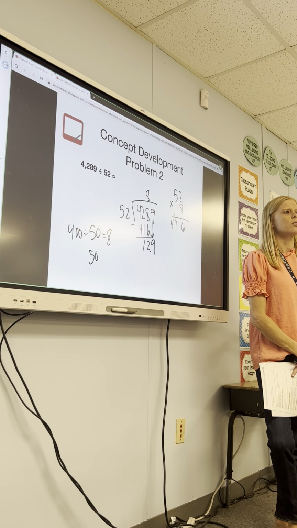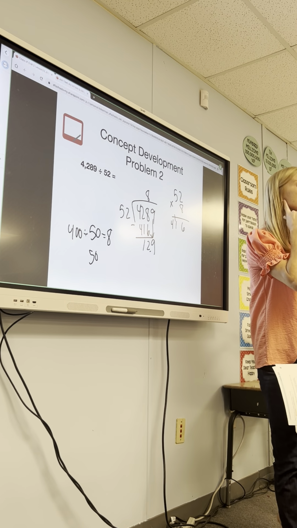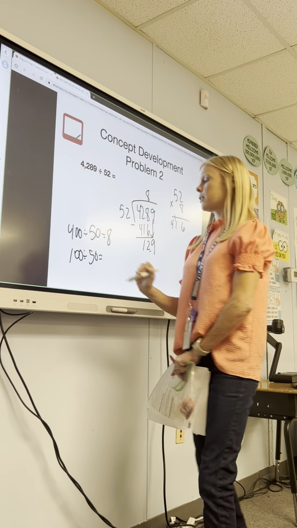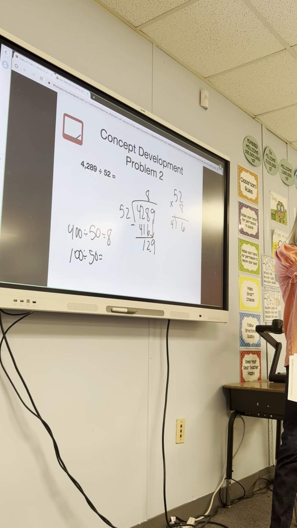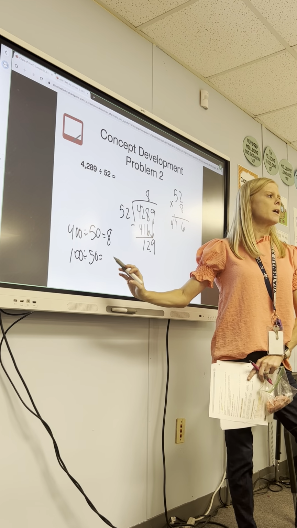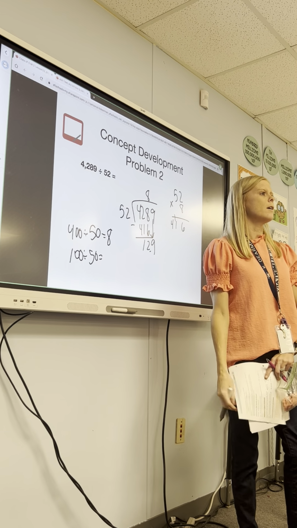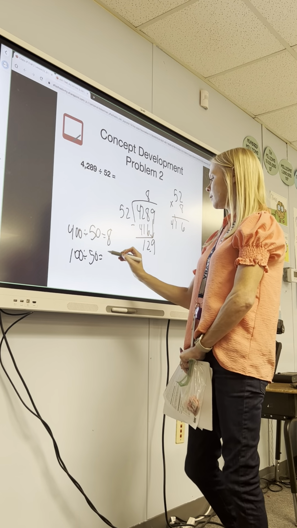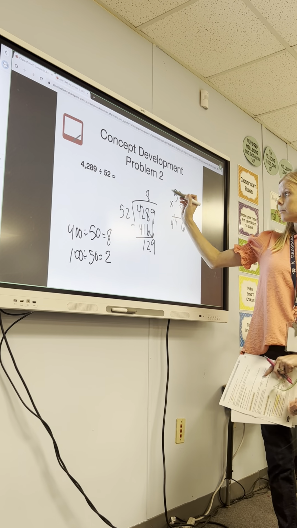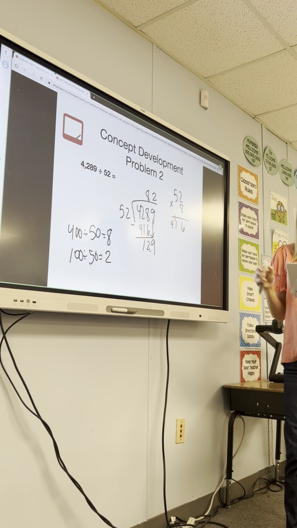What could we round it to? Yes, 100. Good job. 100 divided by 50. And what does that give me? 2. So think of 10 divided by 5 to make it easier. It's 2. Good. All right, so where am I going to put that 2? Above the 9. Good.